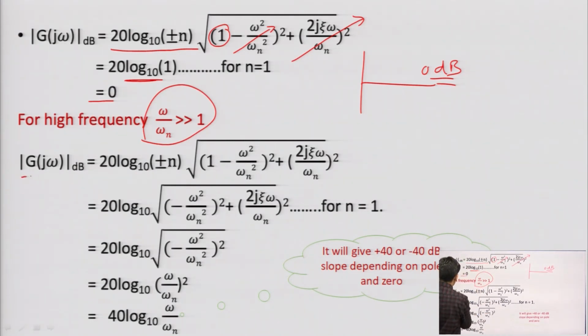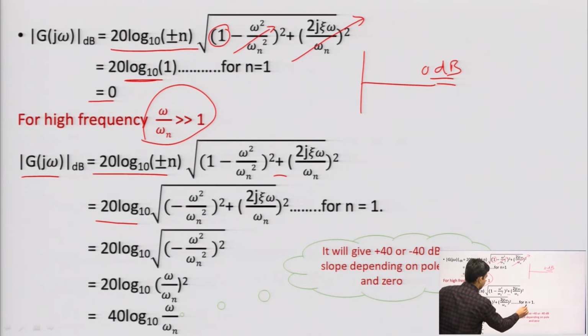For high frequency, omega by omega n is much higher than 1. The mod is given by 20 log 10 to the power plus or minus n, the same expression, and I am assuming n equal to 1 for simplicity. For high frequency this factor is very high compared to 1, so the smaller term we can neglect.